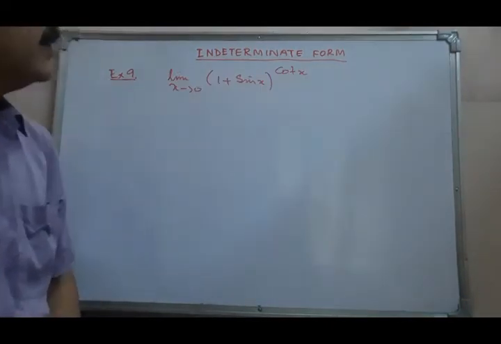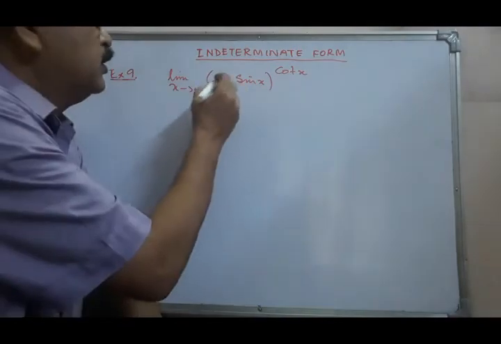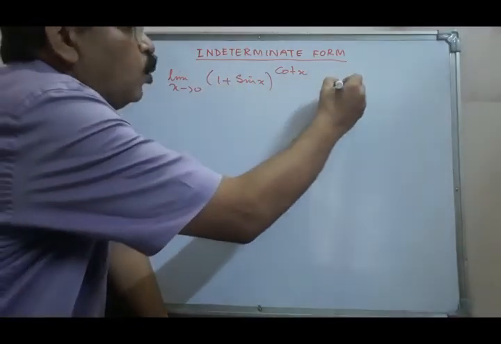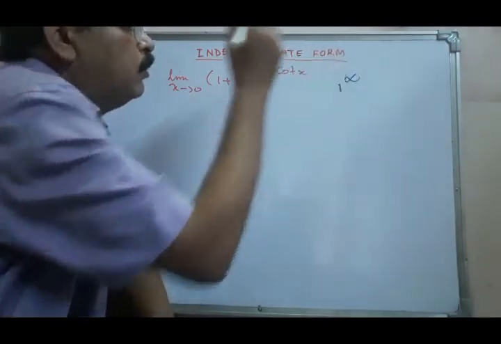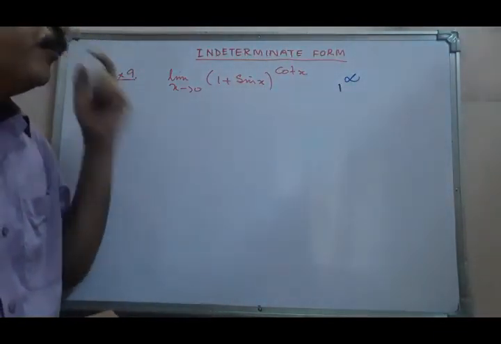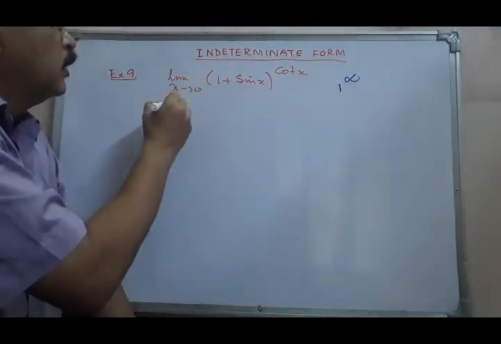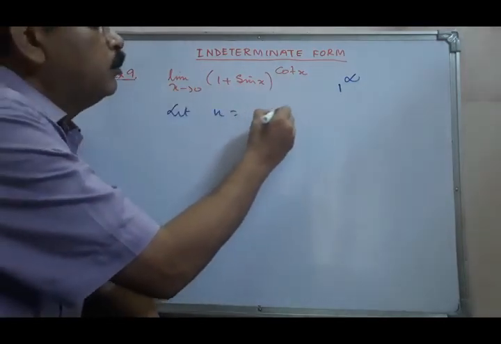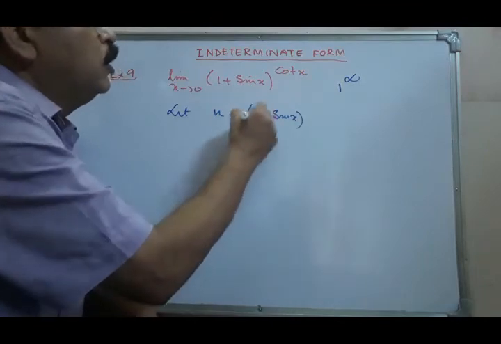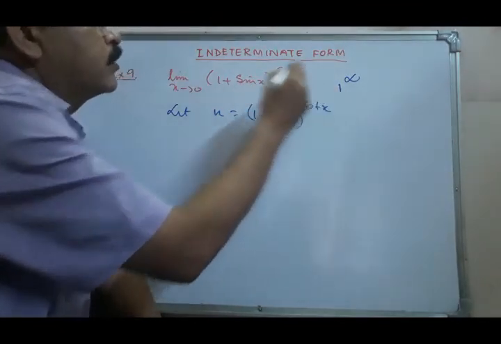See, in this example, what we are finding, it is 1 plus 0, that is 1 to the power cot 0 is infinity, 1 to the power infinity. So therefore, here the process is let u equal to 1 plus sin x whole to the power cot x.